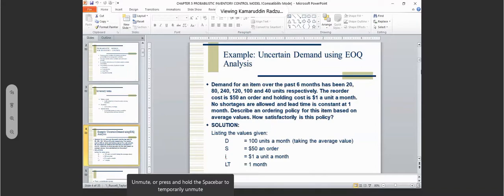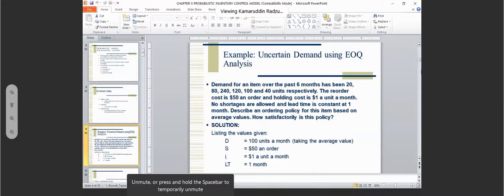We assume that the ordering cost is 50 ringgit and the holding cost is 1 ringgit per unit per month, and there will be no shortage allowed and the lead time is constant at 1 month. And we need to describe what the ordering policy for this item is based on the average value.